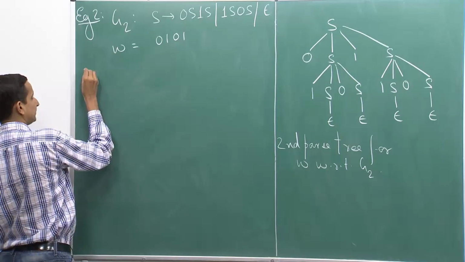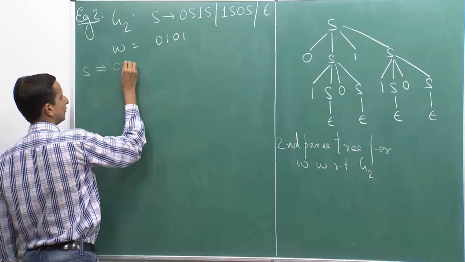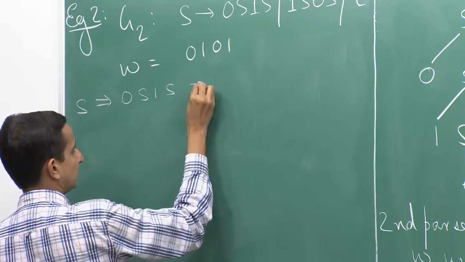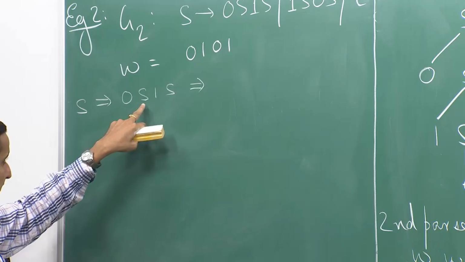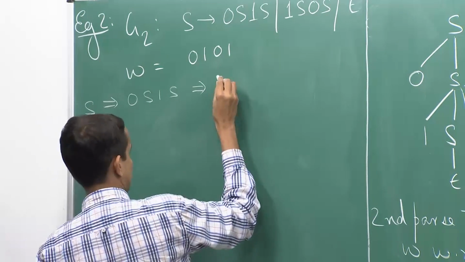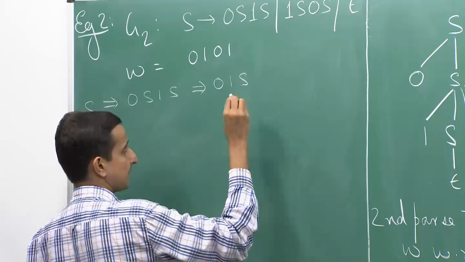So I can have a derivation where I replace S with 0S1S. Then I replace the leftmost S with epsilon, so I get 01S.